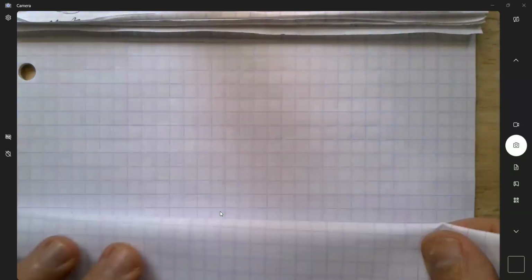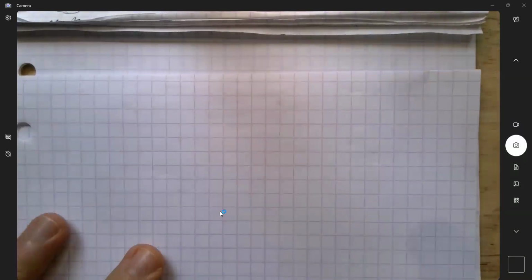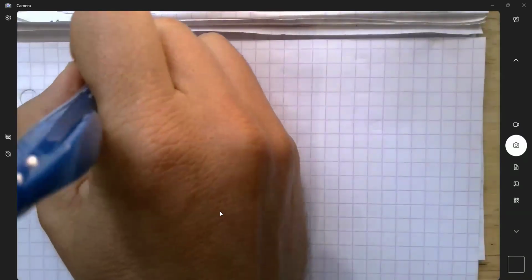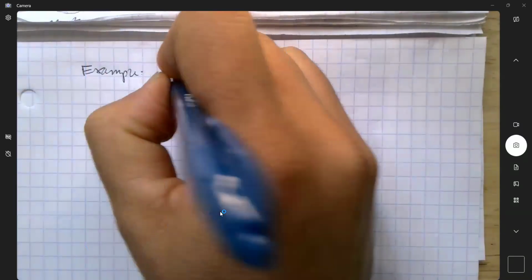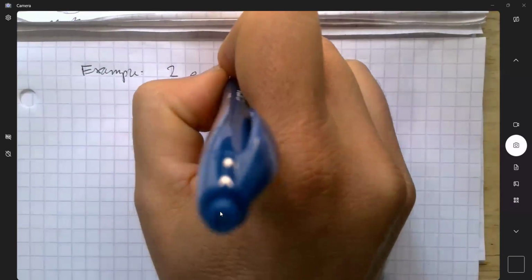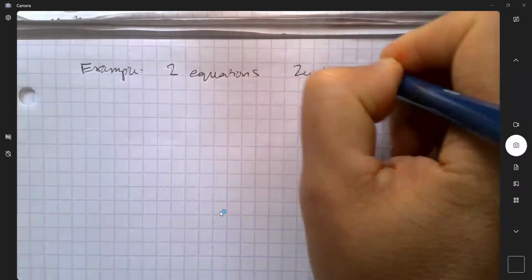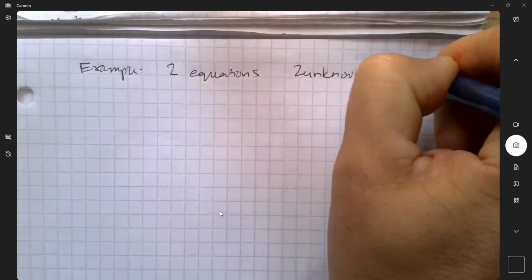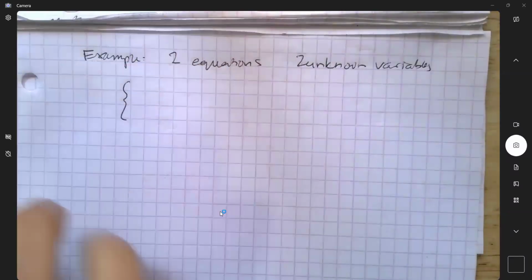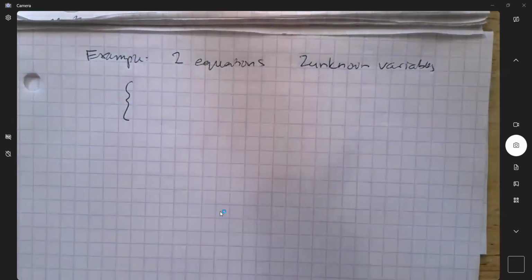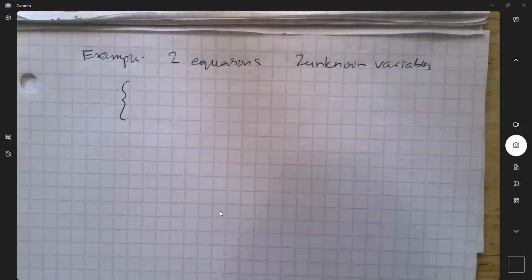However, many times we come across more than one equation in our system, and those equations usually also have more than one variable. So as an example of a system of two equations with two unknown variables, we often use a brace symbol to show that we're working with two or more related ideas.